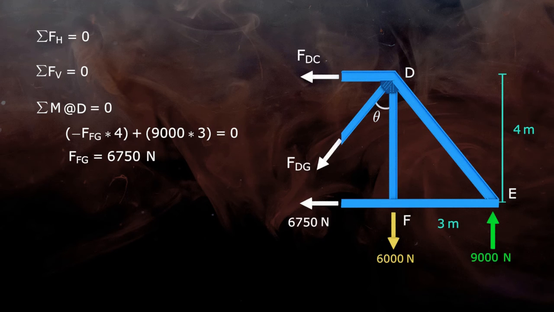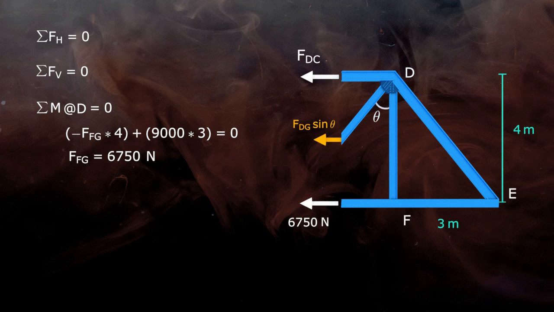Next condition is sigma FH equal to 0. So let's first write the components of the inclined force FDG. As we have already calculated the angle theta it makes with the y-axis, the components will be FDG sin theta and FDG cos theta along the x and y-axis.